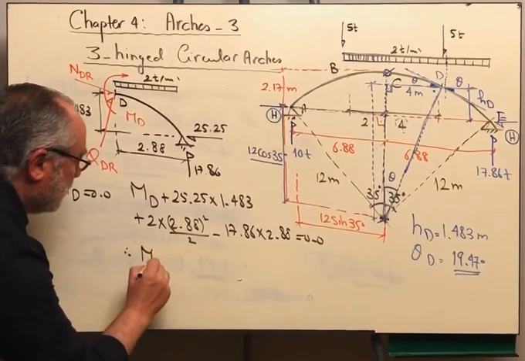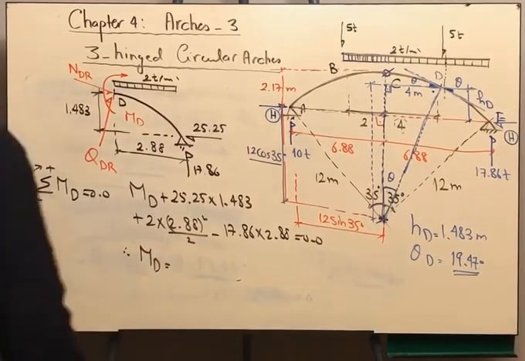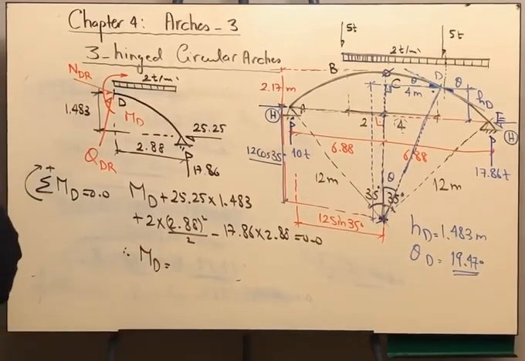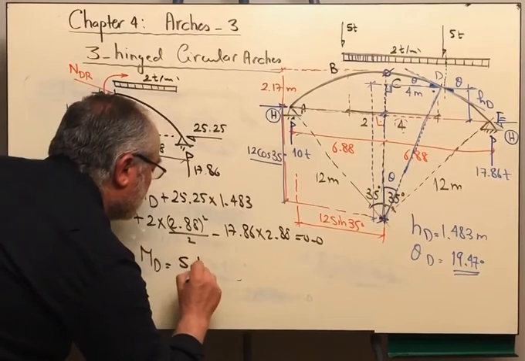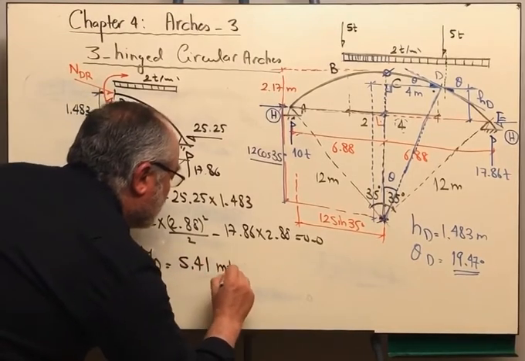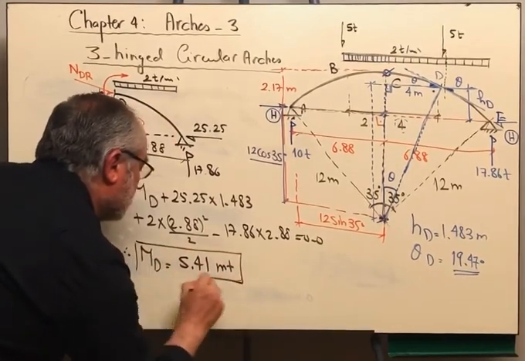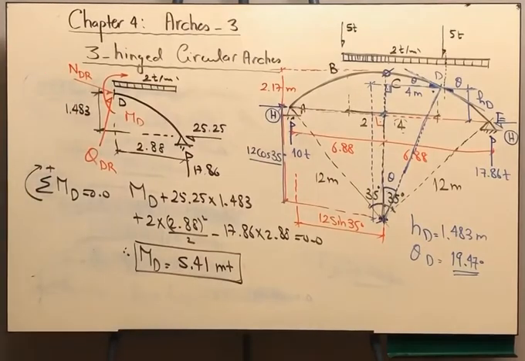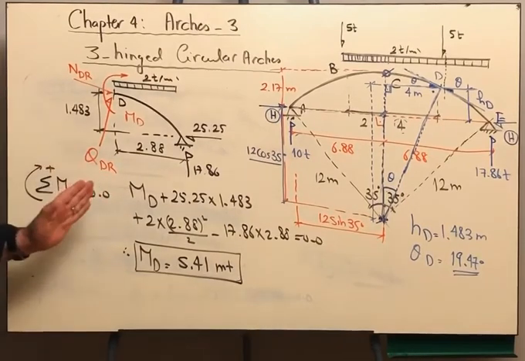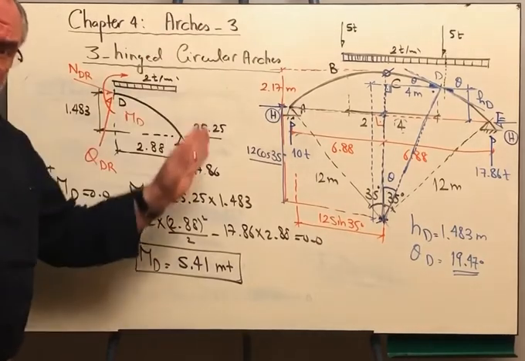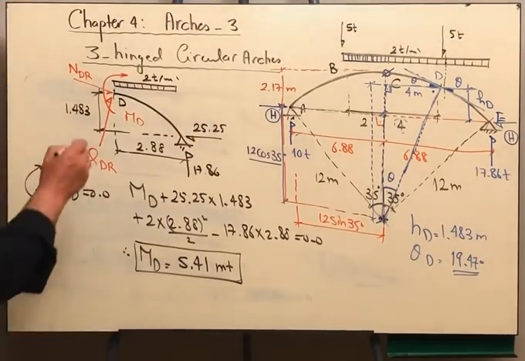From there, we get the moment at point D. And if you did this, it will be 5.41 meter ton. Okay. If I want to get the normal force and the shear force at point D right, we can work with sigma fx and sigma fy equal to 0.